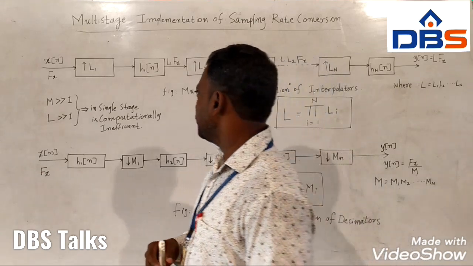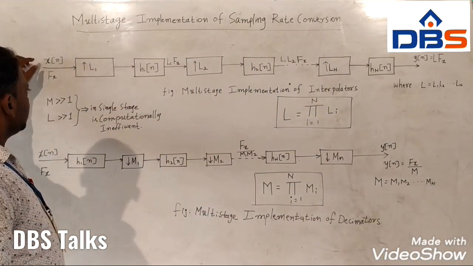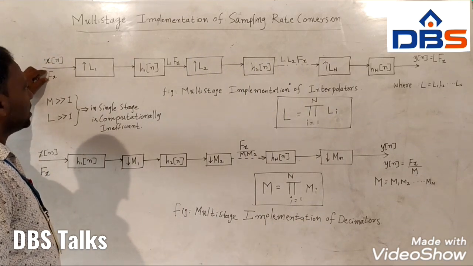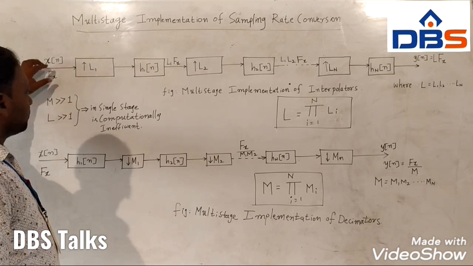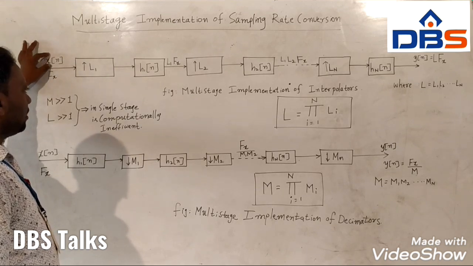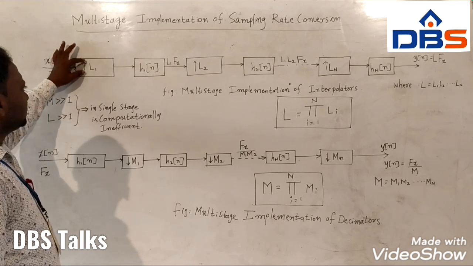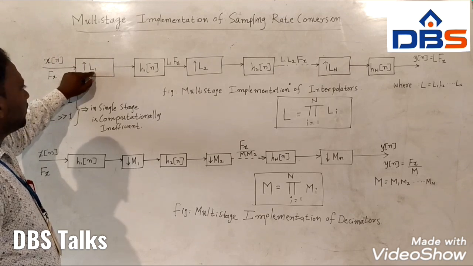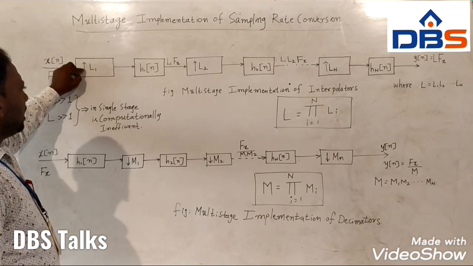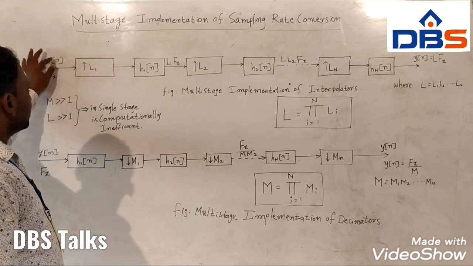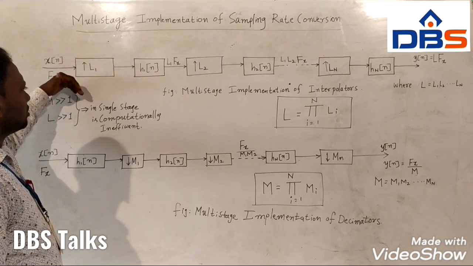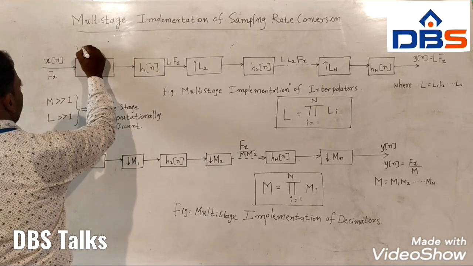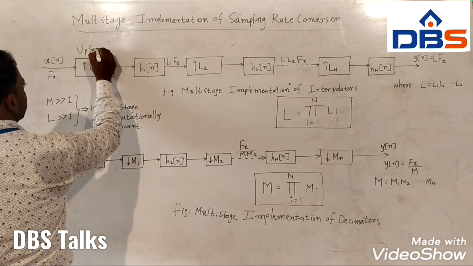First, x of n is my input sequence, with sampling rate Fx. Now this is the first interpolator, L1, and x of n is upsampled. You see the arrow pointing up, that is why we say it is an upsampler. I have already explained this in the first class.